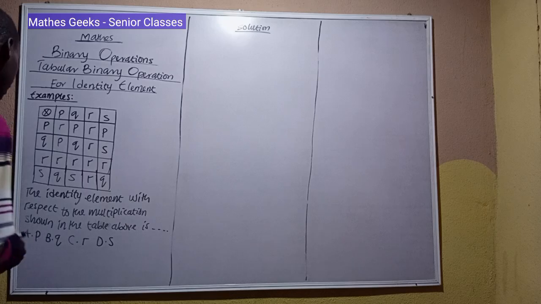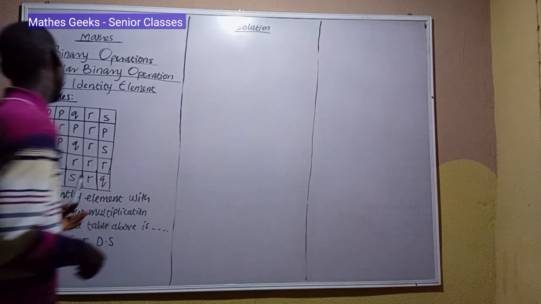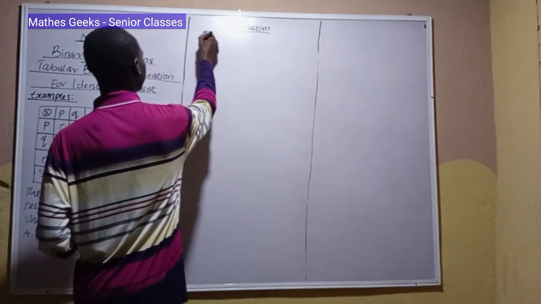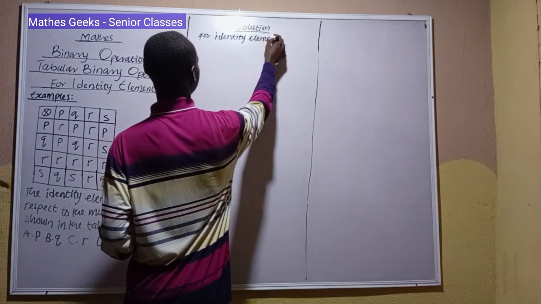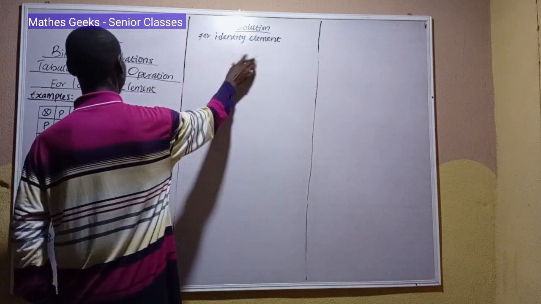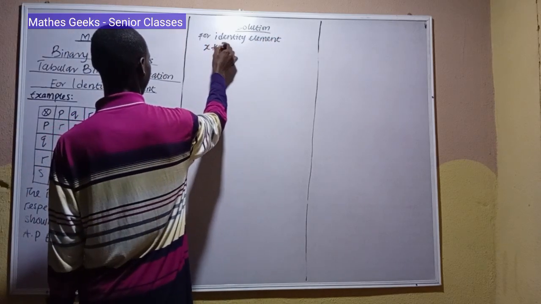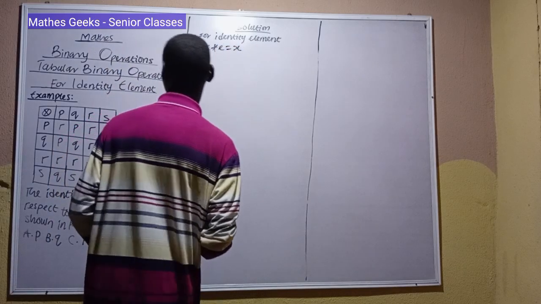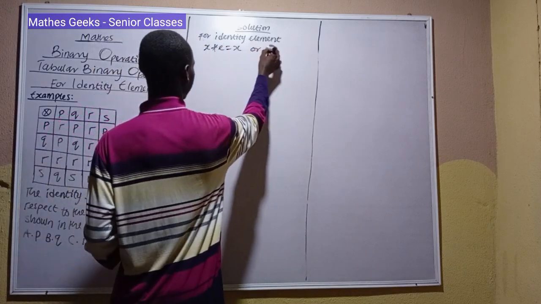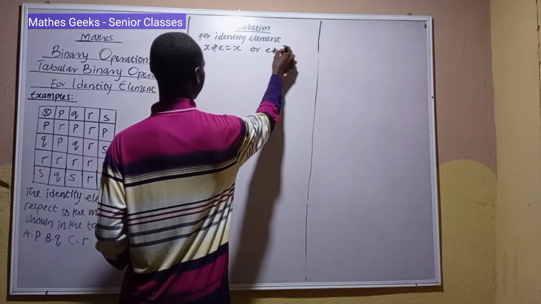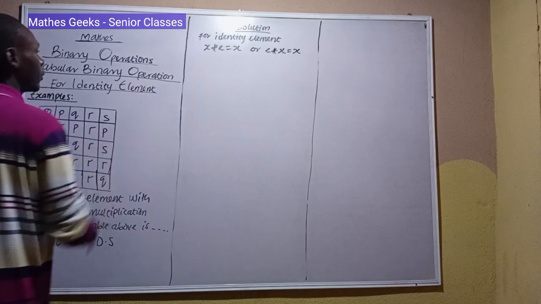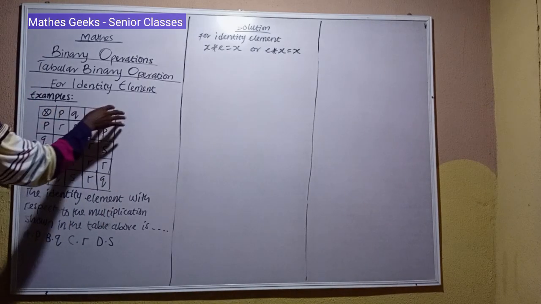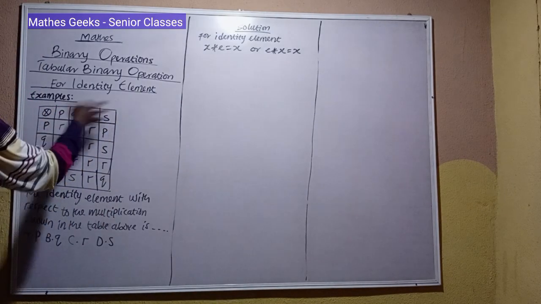The identity element with respect to the operation shown in the table above: we proceed by saying that for identity elements, we want either x star e to give us x, or e star x to give us x. We have these two variations because with a table, you can go by row against column or column against row.